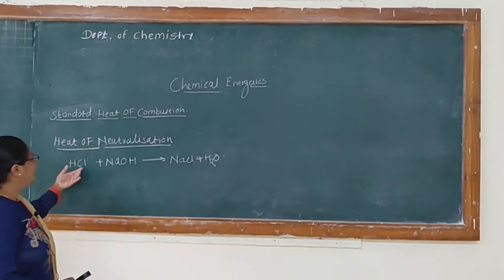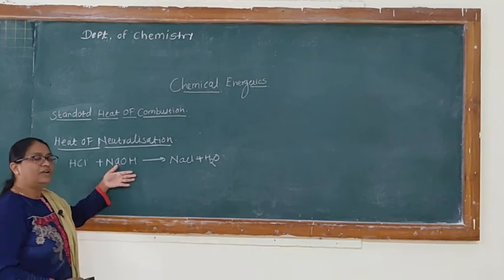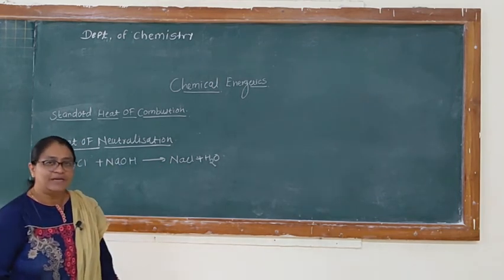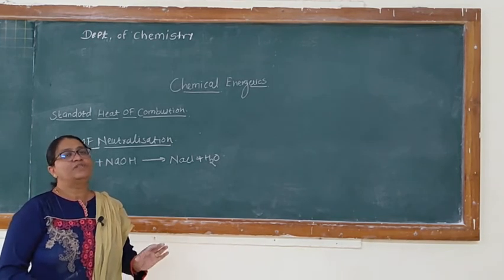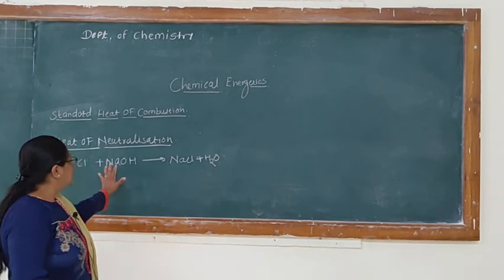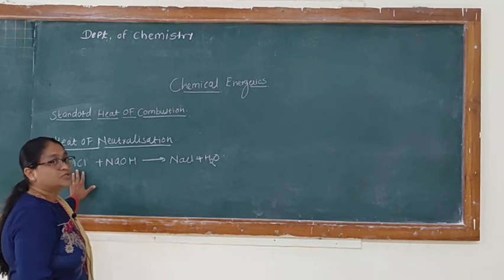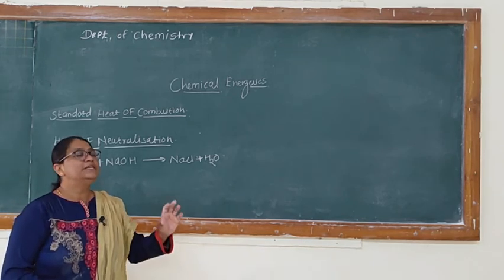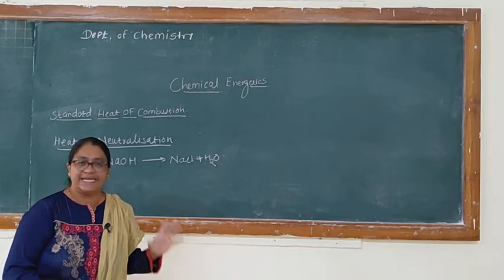Now if we take 1 gram equivalent of acid and 1 gram equivalent of base, obviously 1 gram equivalent of the product will be formed here. In such reactions, both are strong electrolytes. Hence, in their dilute solution, they dissociate completely.